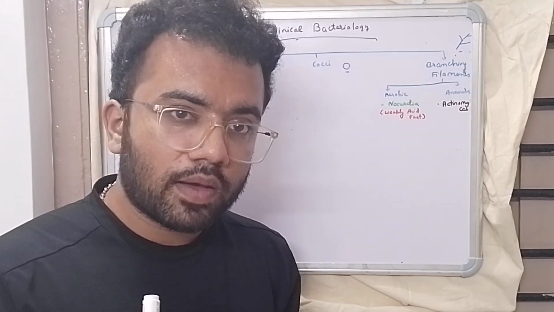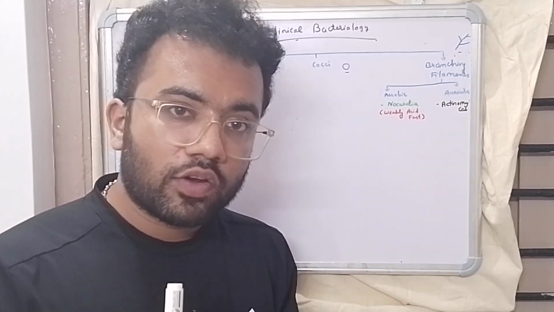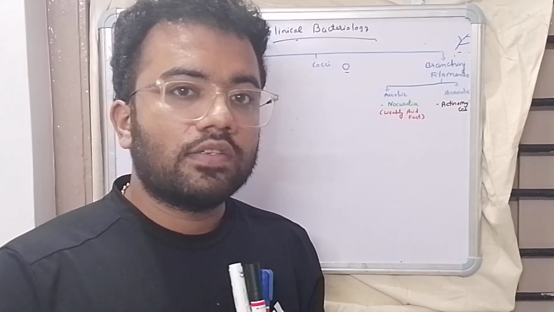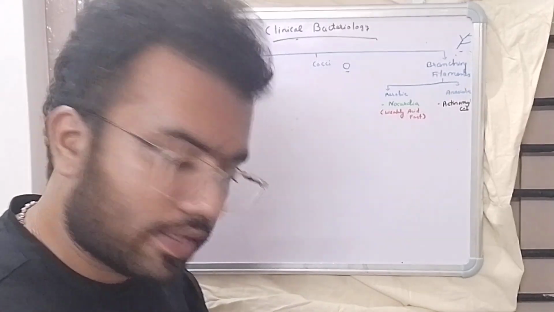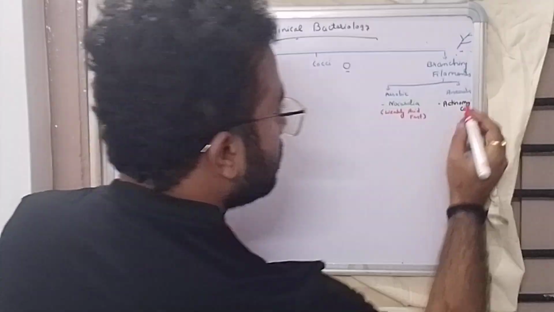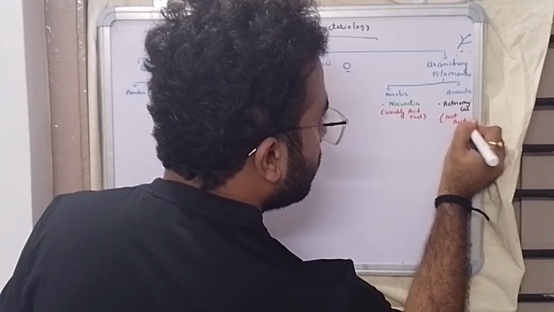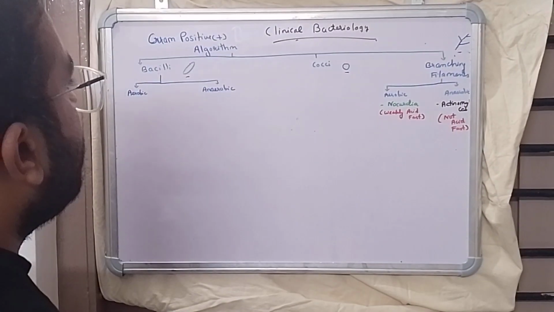It is a branching filament bacteria, anaerobic, not aerobic, and it is not acid fast. It doesn't stain with Ziehl-Neelsen, so it's not acid fast. As simple as that. So we will write here: not acid fast.